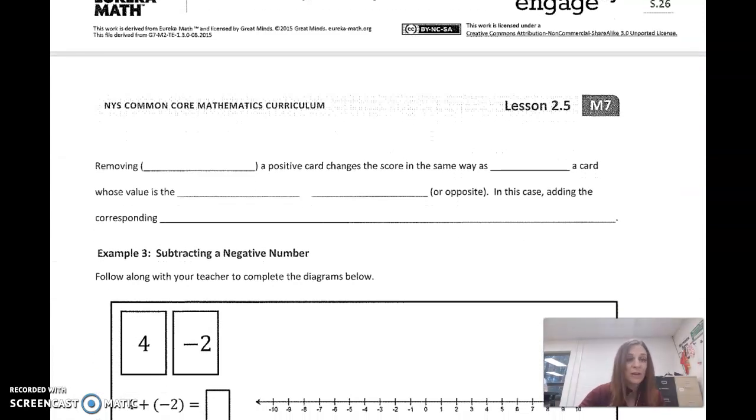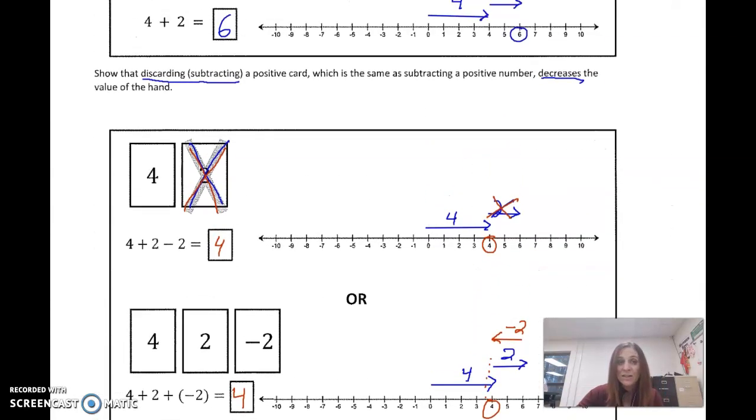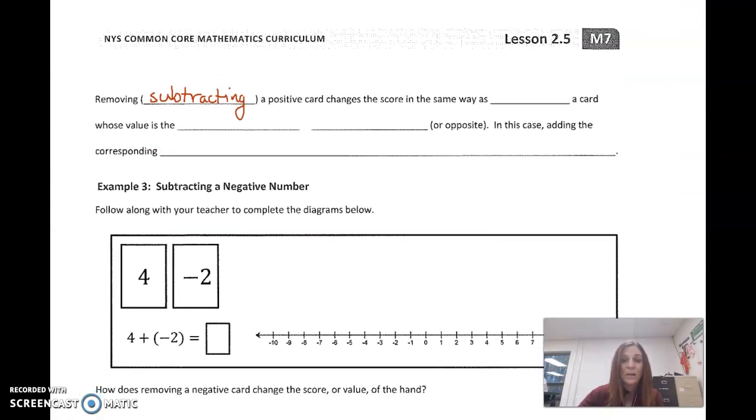It says removing or subtracting a positive card, such as the 2, changes the score in the same way as adding a card whose value is the opposite.